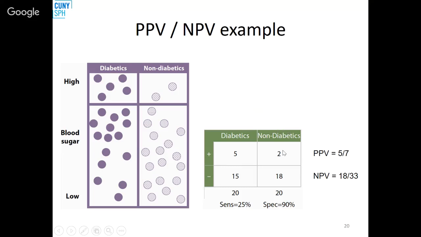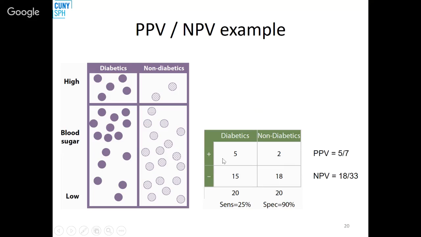So whereas I calculated sensitivity and specificity among diabetics and non-diabetics, I calculate PPV and NPV among the positive test results and the negative test results. And the PPV is just the accuracy among the positive test results. So 7 people got a positive test, 5 were diabetic, so the PPV is 5 out of 7.